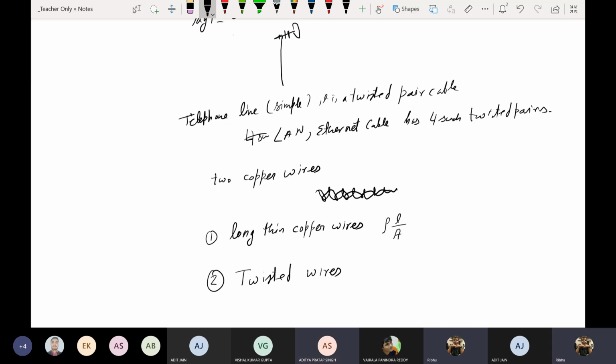No magnetic field. Anything else that it would cause? This is a twisted wire. And what else is this? Inductance. Yes, inductance.